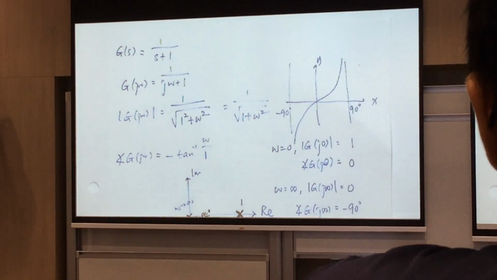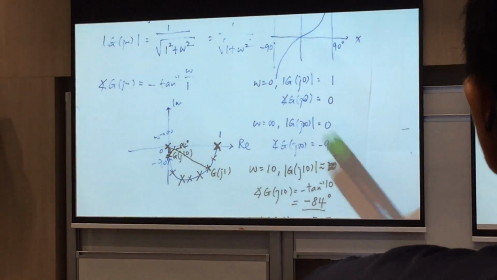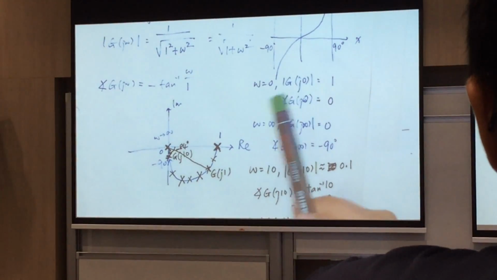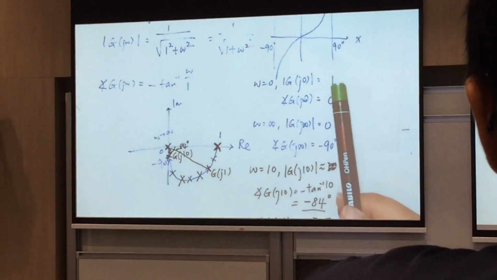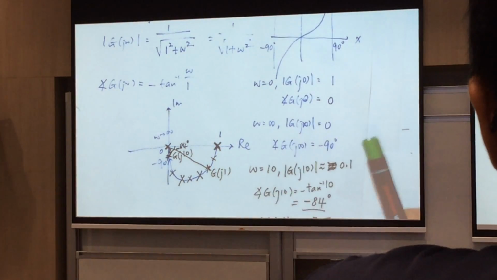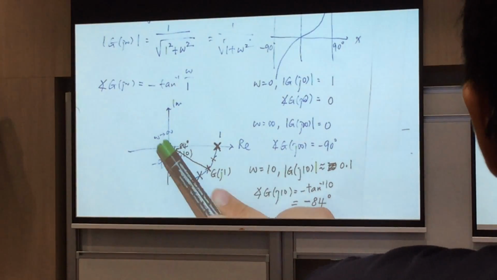How do you draw the Nyquist plot? Substitute different values for omega. When you derive the gain and the phase, let's say it's 1 and 0 phase, mark here. You end up with 0 at minus 90, mark here.